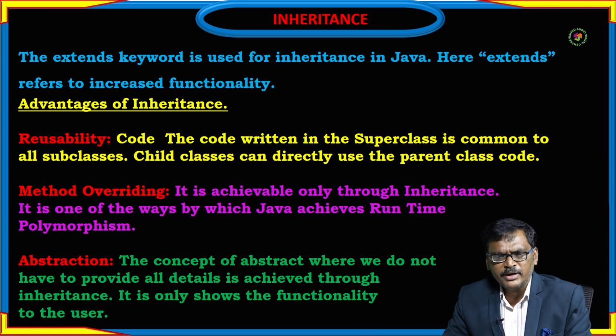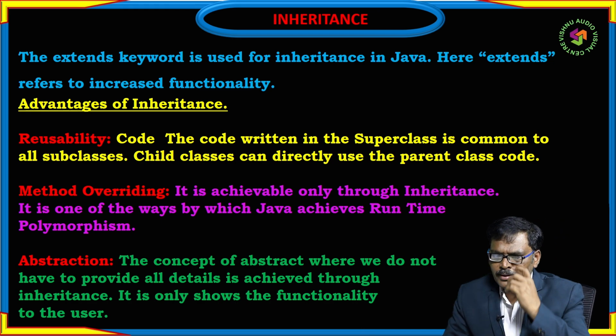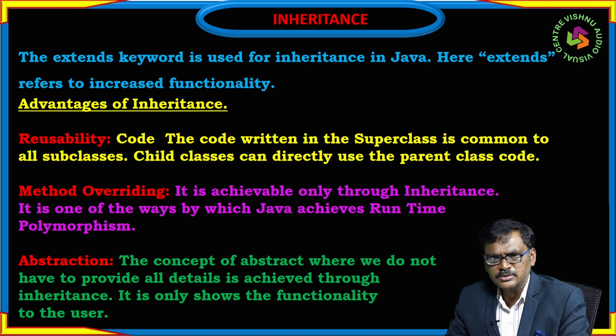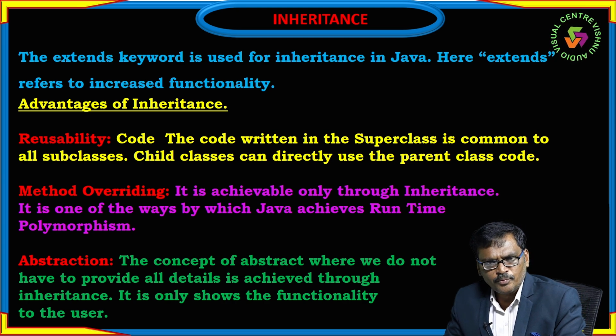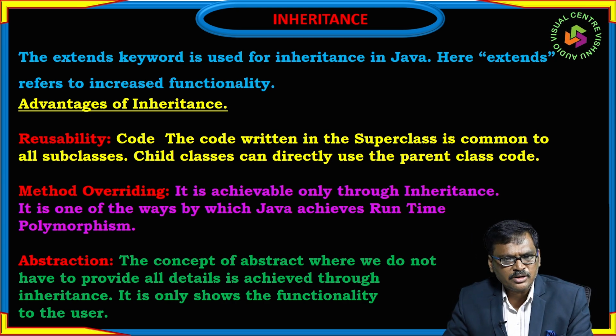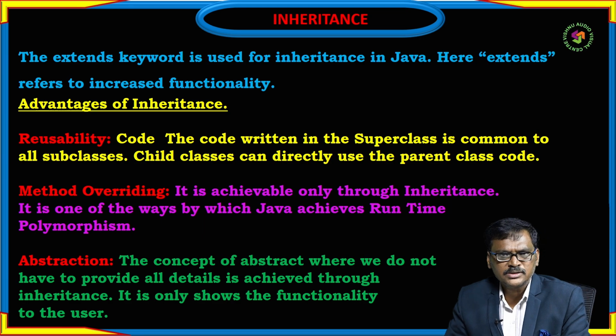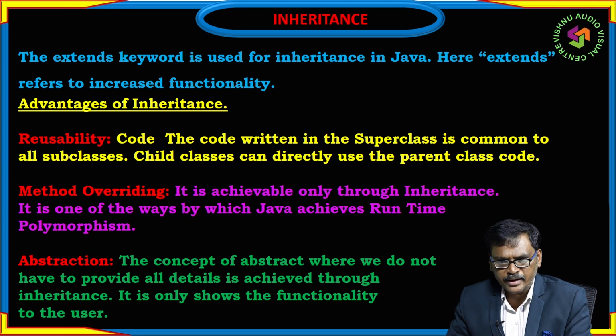Method overloading, which we will discuss later, means the same method name with different types of arguments in one class. Method overriding means the same return type, same method name and same number of arguments in both the superclass and subclass.